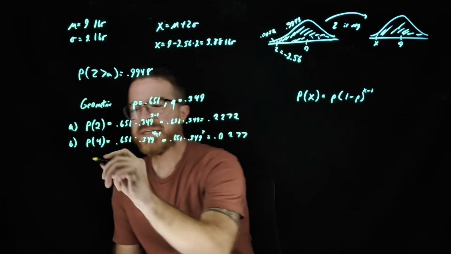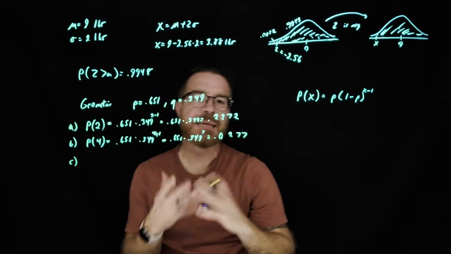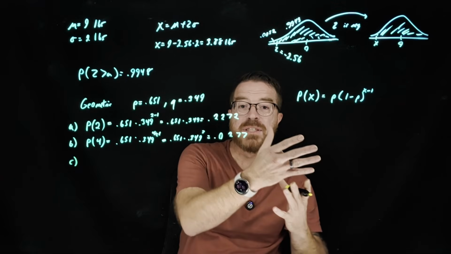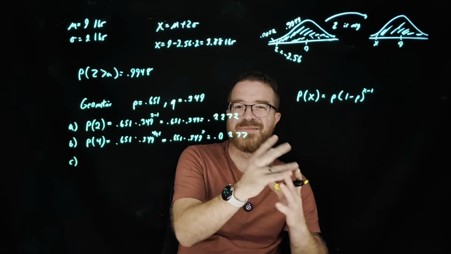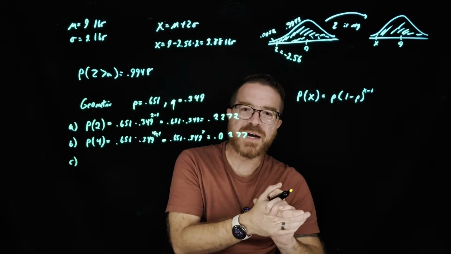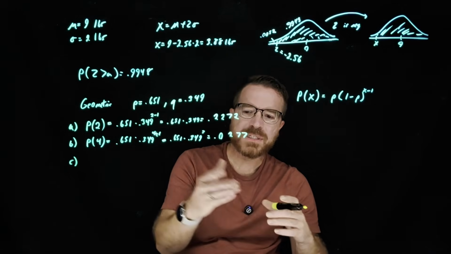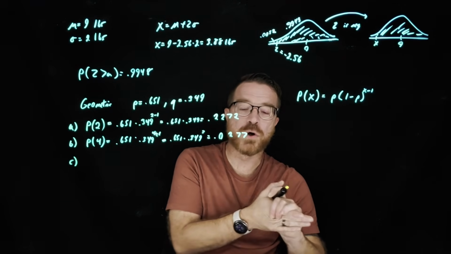Part C is a little bit different because this one is more just the conceptual idea of not using the geometric probability, but also kind of thinking about what we're doing when we find those number of failures. Part C says he does not complete his first 2 passes.